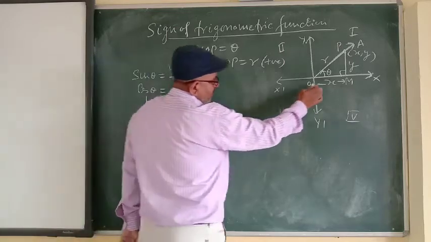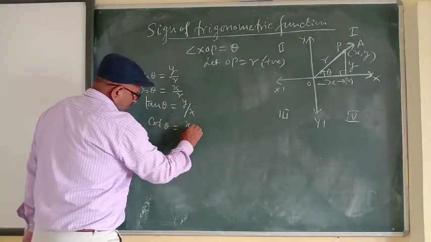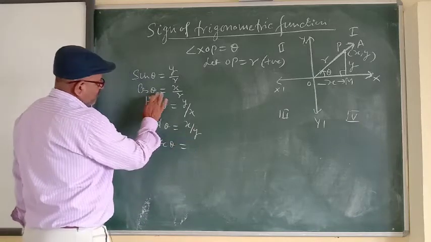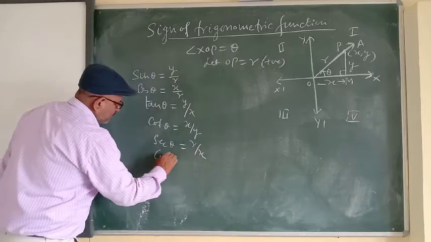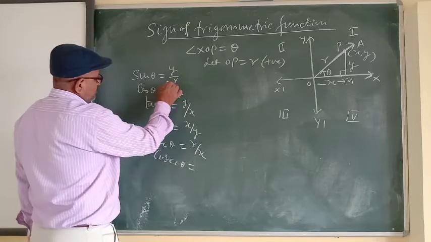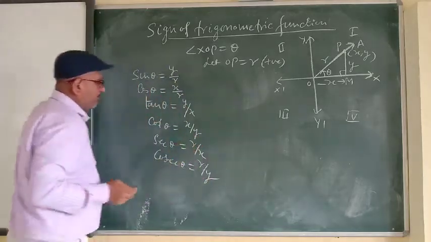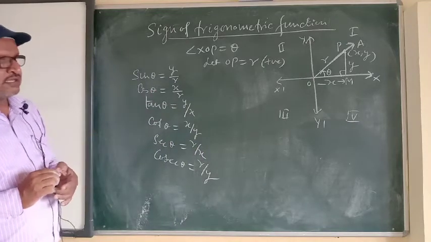Cot theta is base by perpendicular, reciprocal of tan, x by y. Sec theta is reciprocal of cos, so it will be r by x. And cosec theta is equal to r by y, reciprocal of sin. These are the trigonometric functions regarding the angle theta.